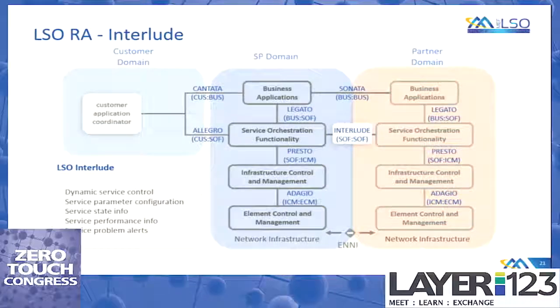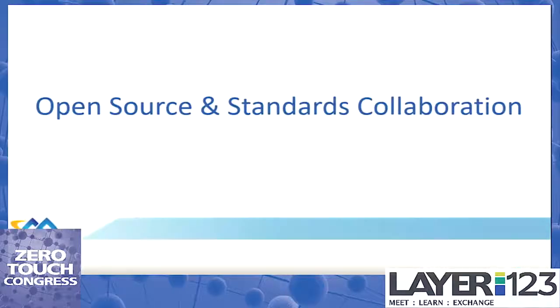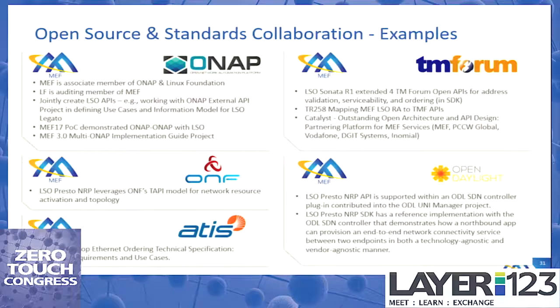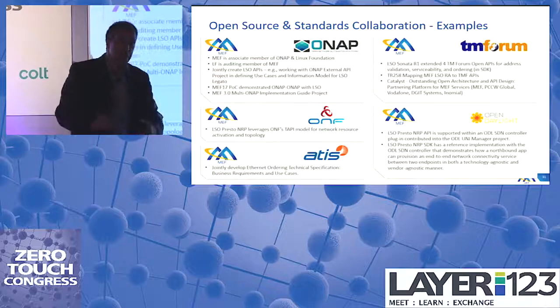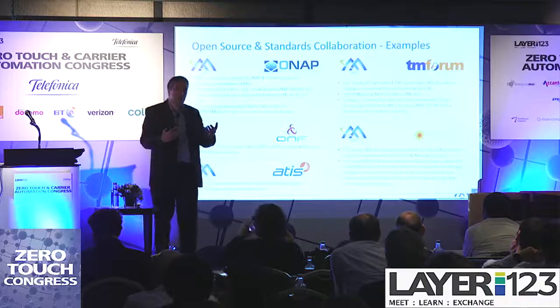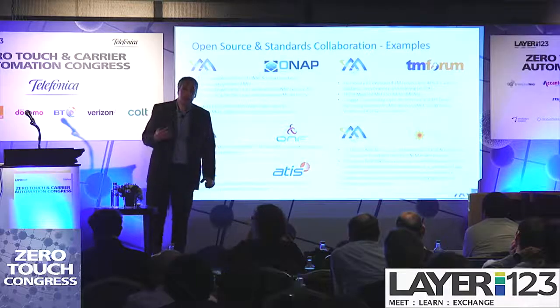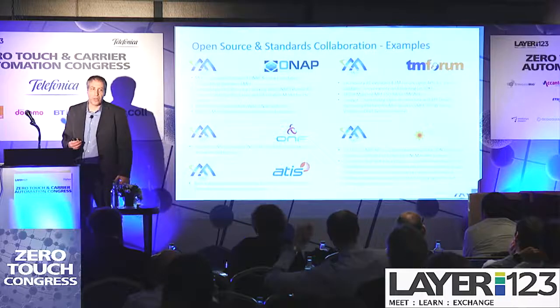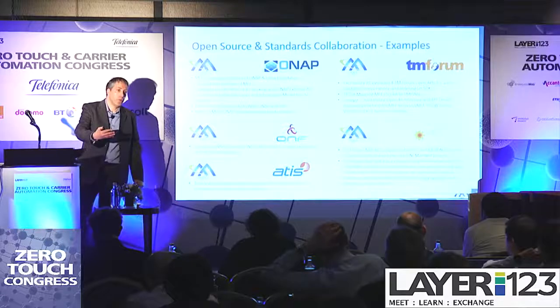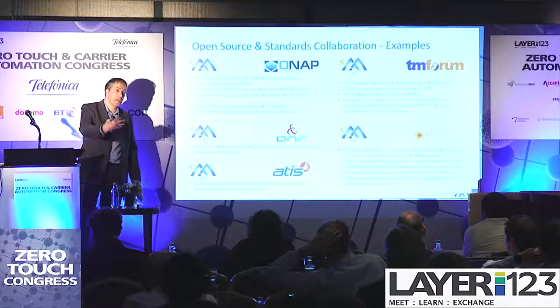We use that. However, TAPI doesn't understand services. It's to configure layer 1. We added TAPI into Presto, so now we understand the service. And this is most of the collaboration we have with ONF. So when you need Presto for layer 1, it's TAPI based.